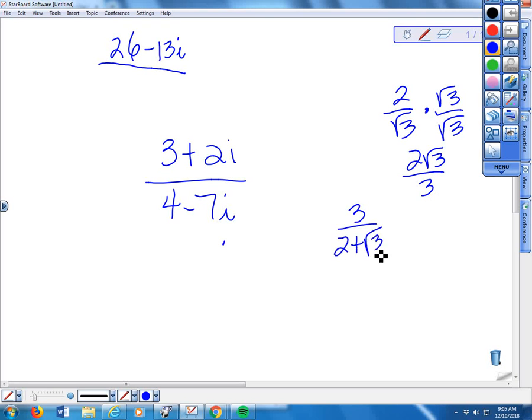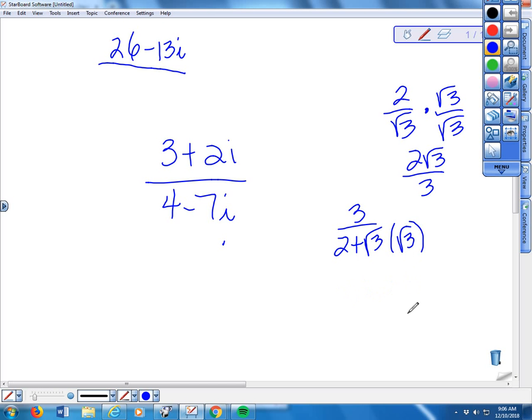When I have something like 2 plus the square root of 3, I can't just multiply that by the square root of 3 and get rid of the root. If I multiply this by the square root of 3, 2 times the square root of 3 is 2 square roots of 3. Square root of 3 times the square root of 3 is 3. I still have a root. So I can't just multiply it by the square root of 3.